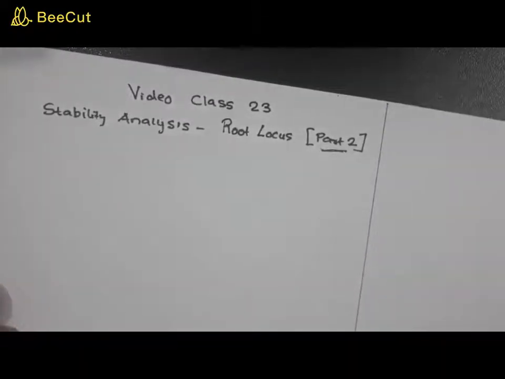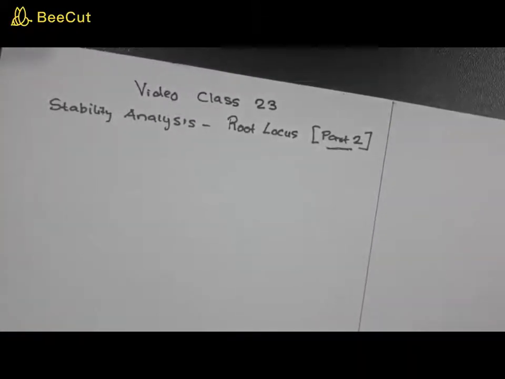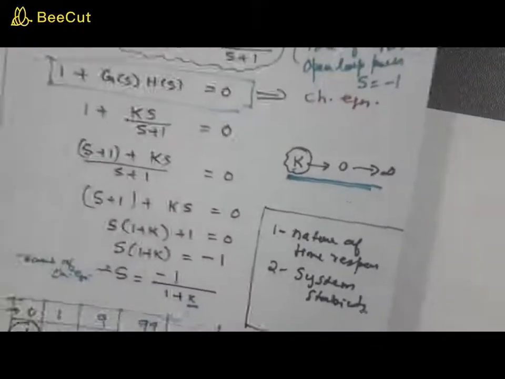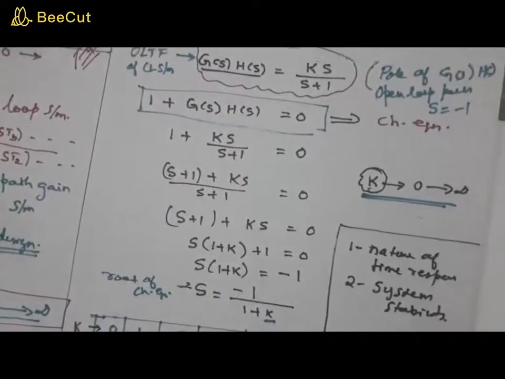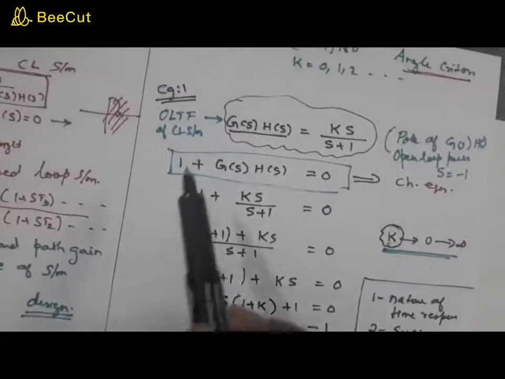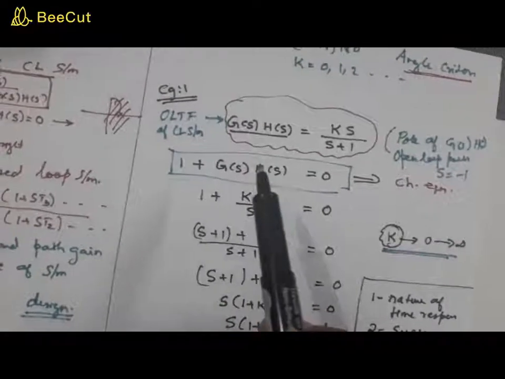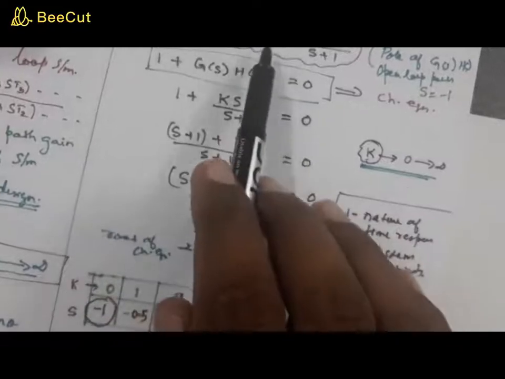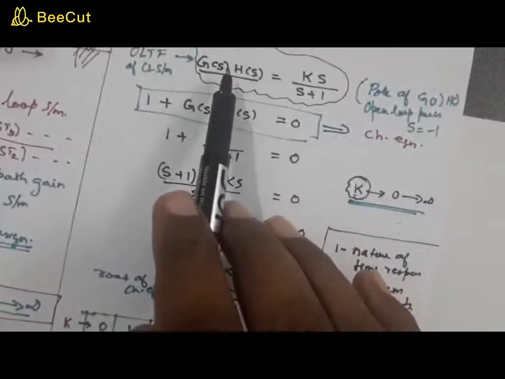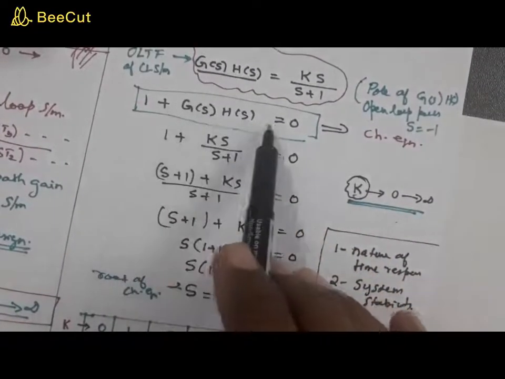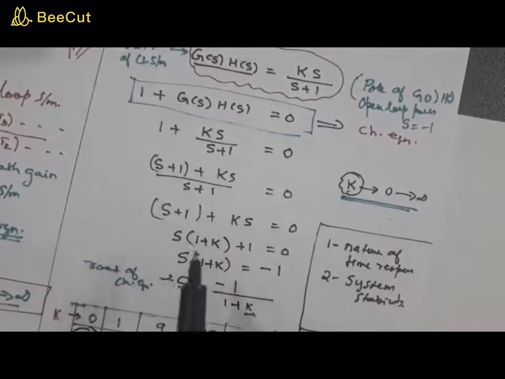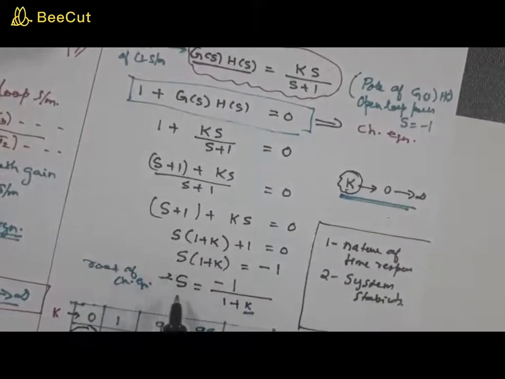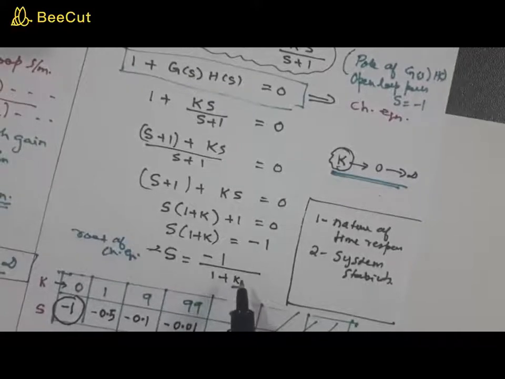So in the last class we have done some examples to give you a feel of what root locus is. In example 1, from the given open loop transfer function, we found the characteristic equation, and from it we found the root in terms of the forward path gain.